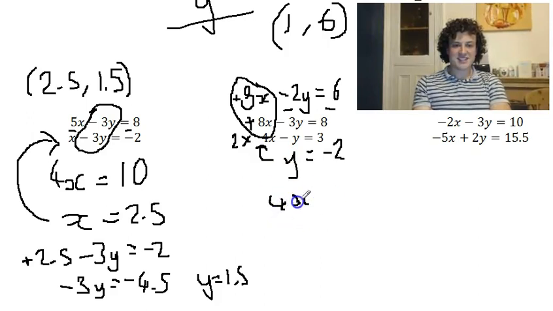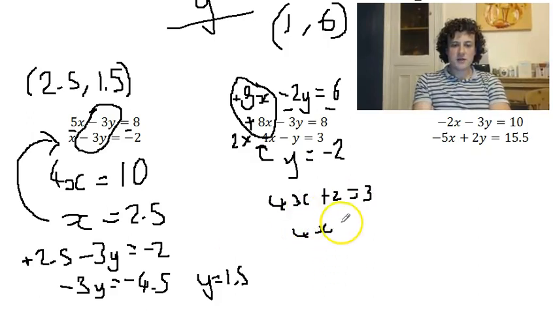Well, 4x minus minus 2 is plus 2, equals 3. So take away that 2, 4x equals 1. So we're taking away the 2, therefore we divide by 4, and we get x equals a quarter.